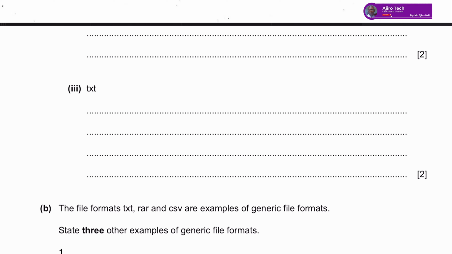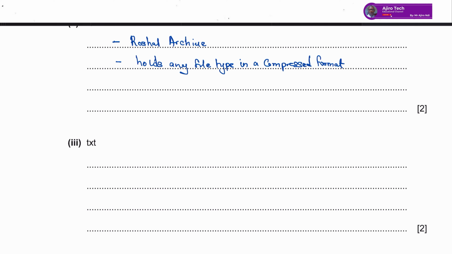All right, TXT. So TXT here, we can see it as a plain text file. That's one. It contains unformatted text and can be opened by any word processor.